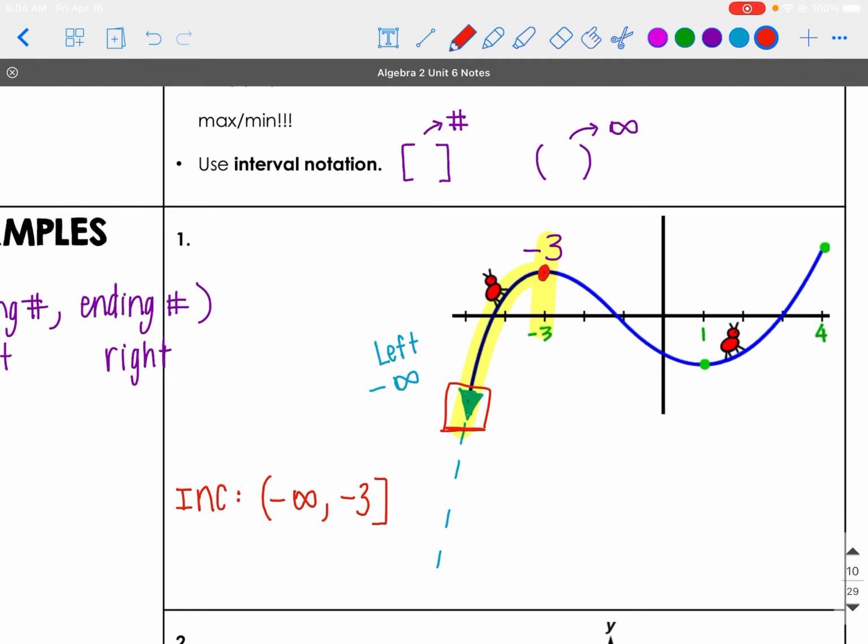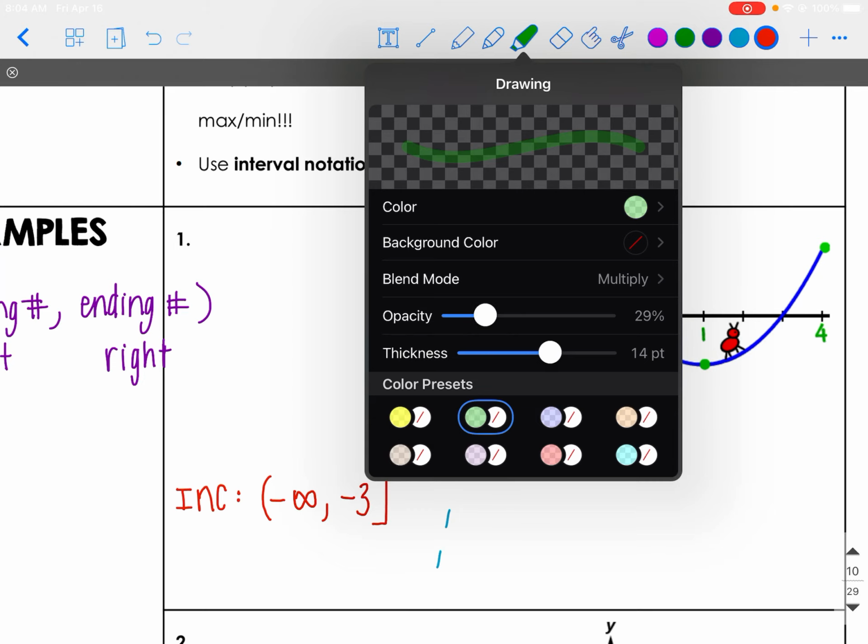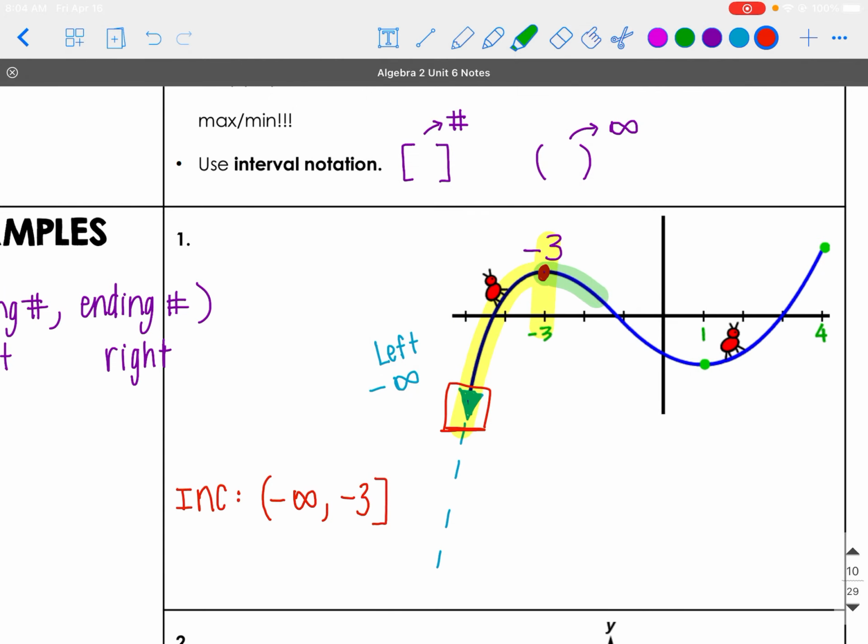When the ant gets up here at -3, he starts going downhill. He starts decreasing until he gets right here. What is the x value when he gets down in that valley? It's 1.